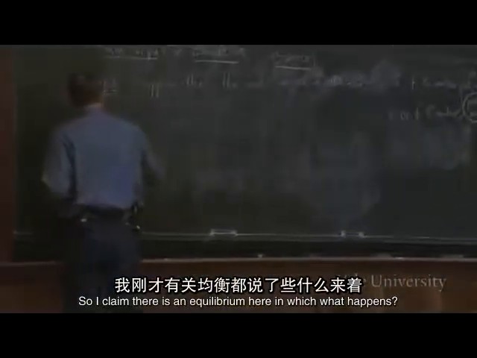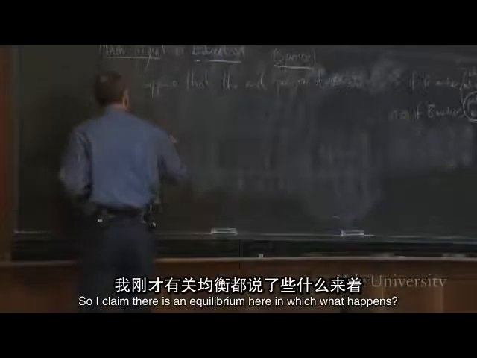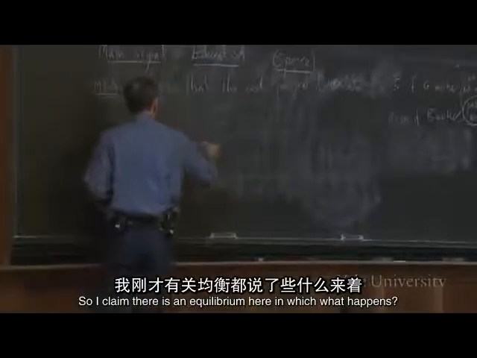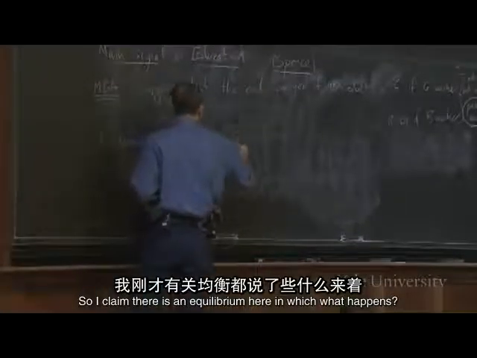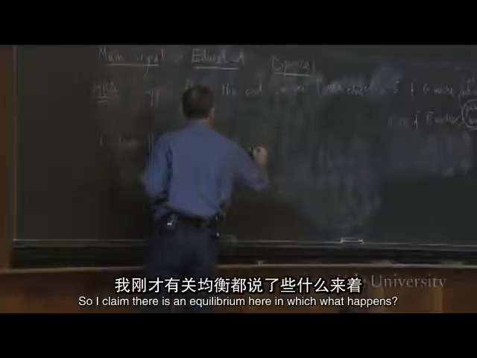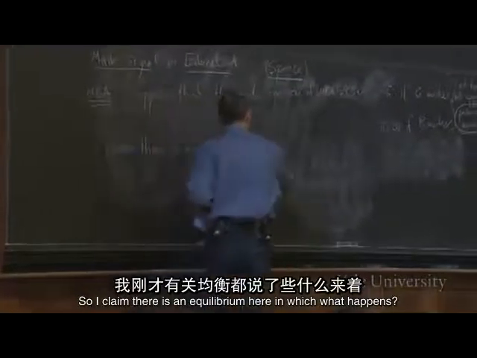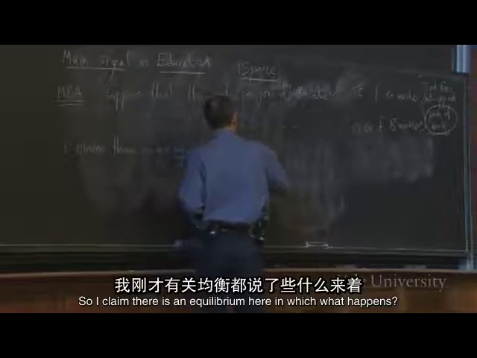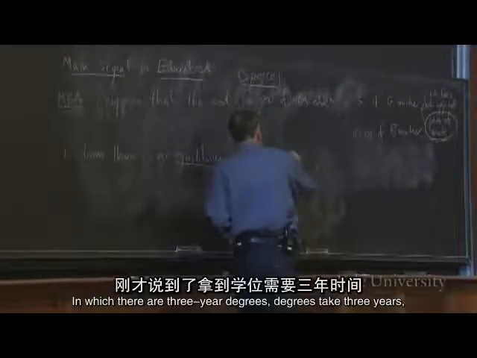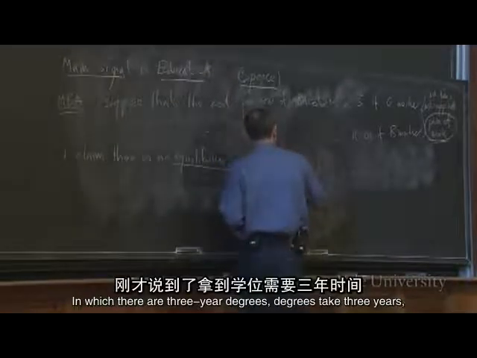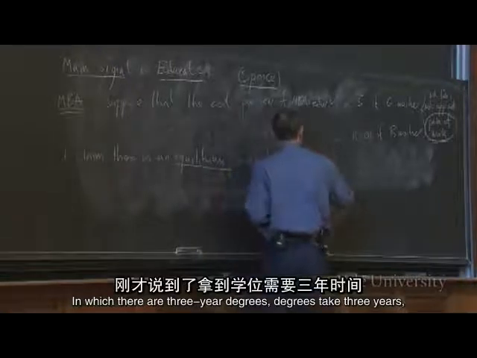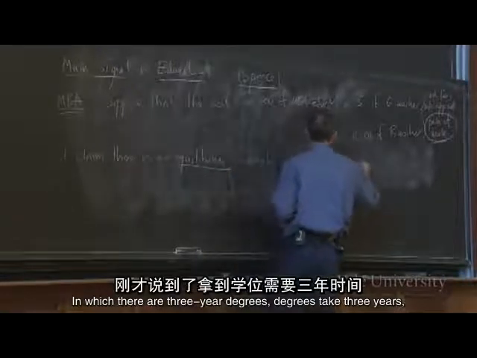So I claim there is an equilibrium in which degrees take 3 years.